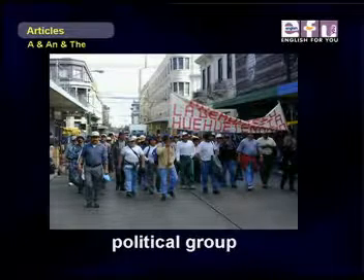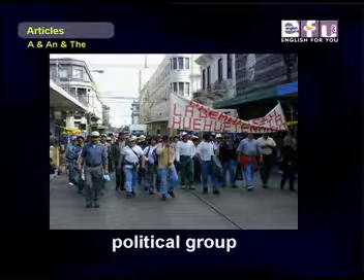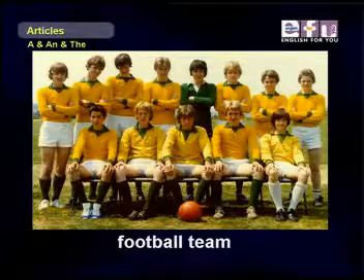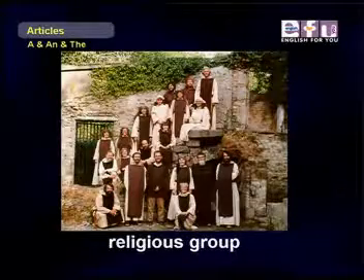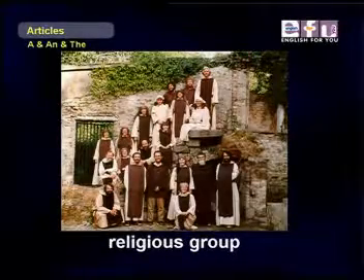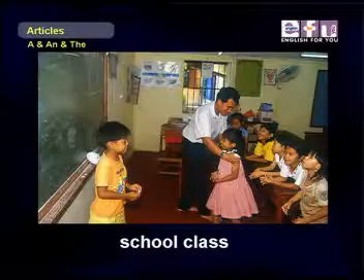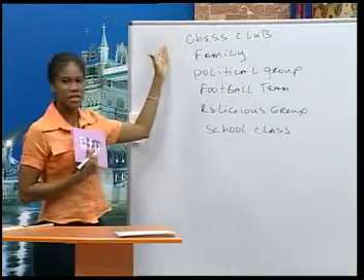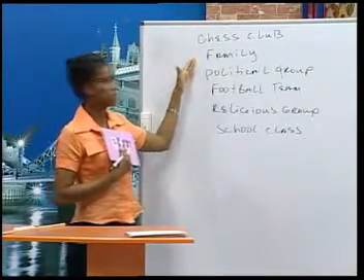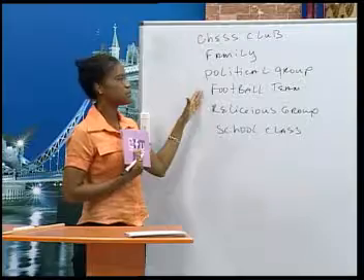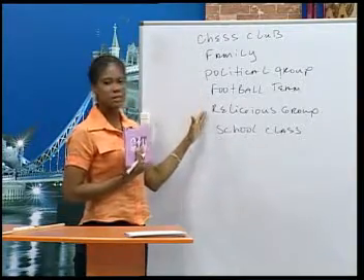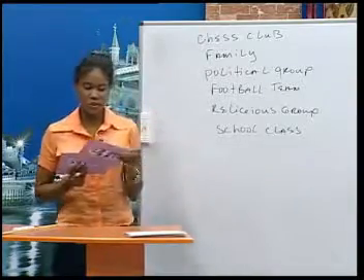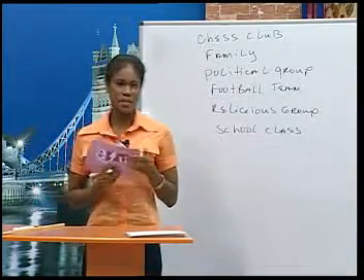We can also belong to political groups, maybe a football team, and religious groups, and our school class. Okay, so we have the chess club, family, political group, football team, religious group, and school class. Okay, let's look at some sentences about these groups.